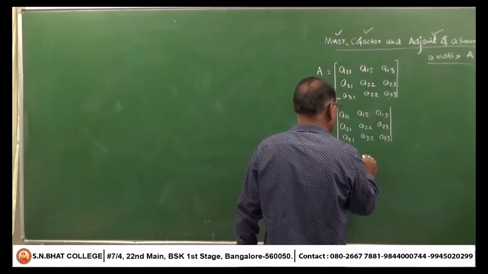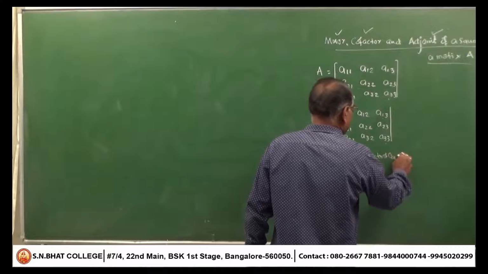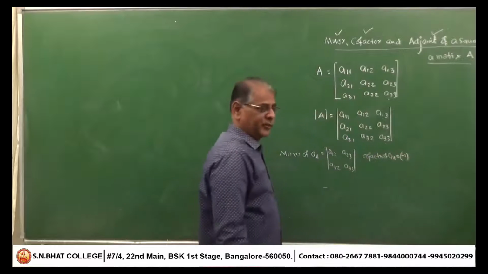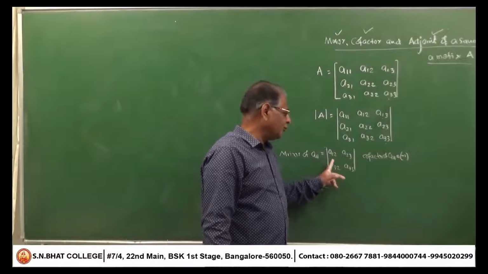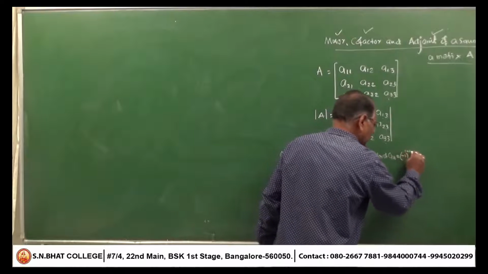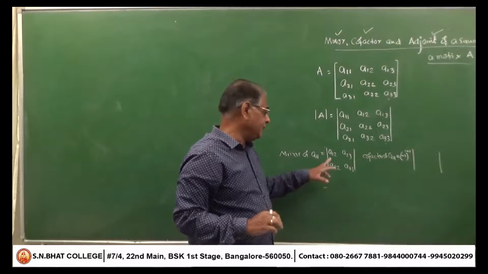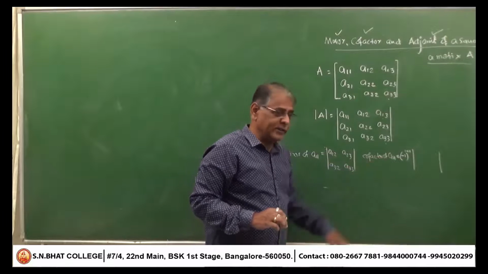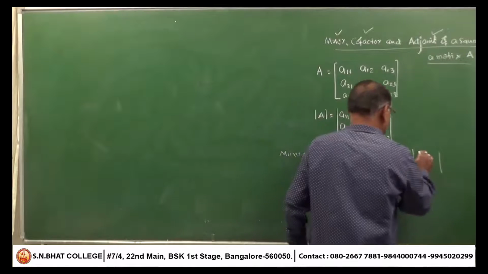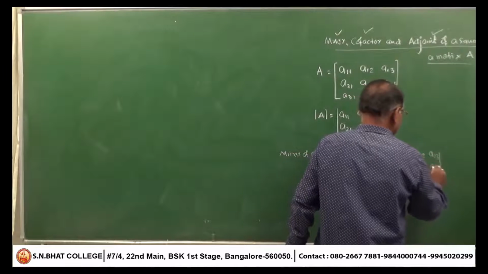Next, cofactor. Cofactor of the first element a11 is nothing but (minus 1) whole power, you add these suffixes, 1 plus 1, into this determinant. See the difference: minor is without sign, cofactor is with sign. Minus 1 whole power 1 plus 1 into the determinant of a22, a23, a32, a33.